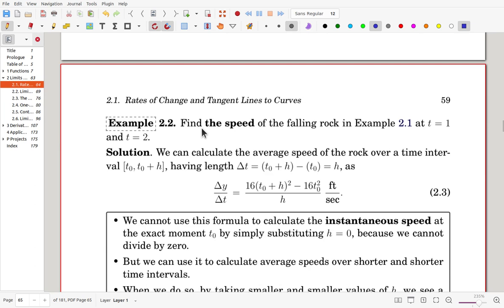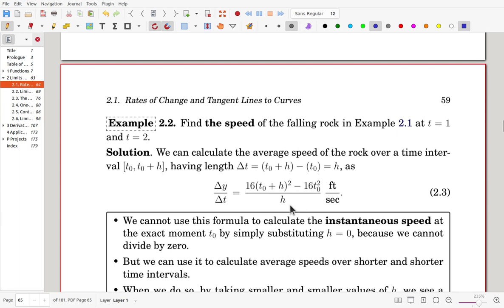Now we try to find the speed. The speed means instantaneous speed, at t equals 1 and t equals 2, but we don't know yet how to find the instantaneous speed. So we'll try to measure the average speed, which is change in y, the distance traveled, divided by the time elapsed. By using Galileo's law of free fall, we can get such a quotient.